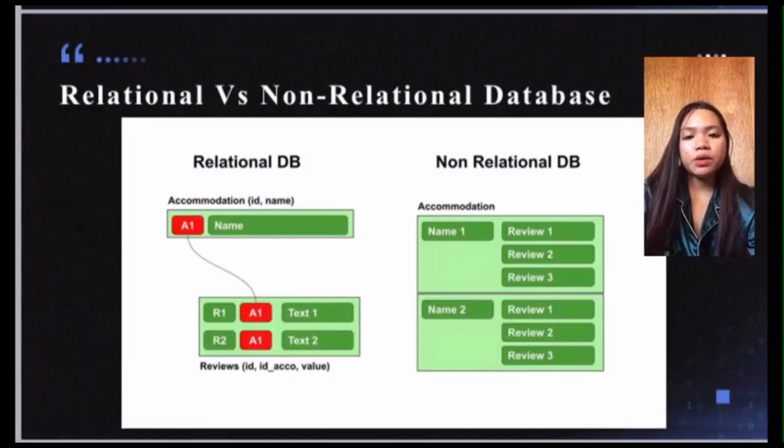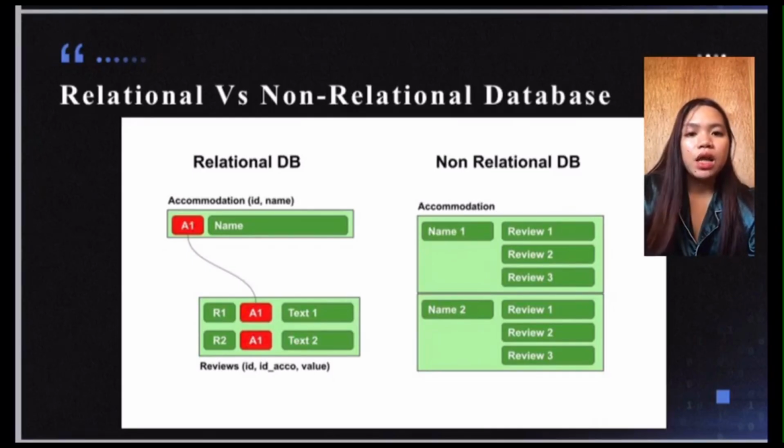We're comparing relational and non-relational databases. Two fundamental approaches to data management. Relational databases, with their structured tables and foreign key relationships, offer strong consistency and are ideal for applications requiring complex transactions.